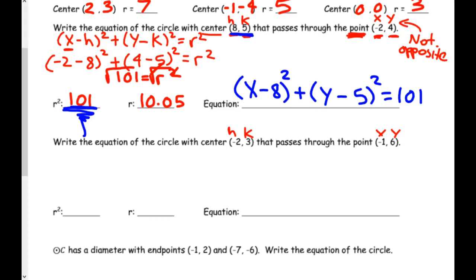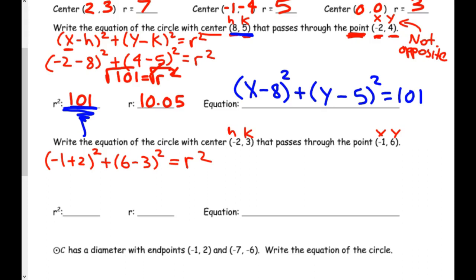So, my parentheses, x is -1, the opposite of h is +2. My y is 6, the opposite of k is -3. Okay. This one's just like the last one, so I'm just following the same rules, right?